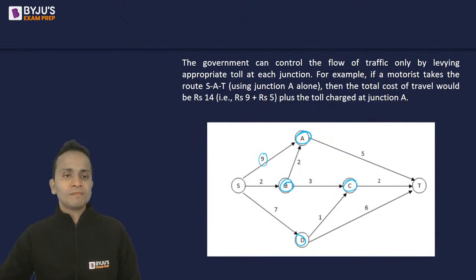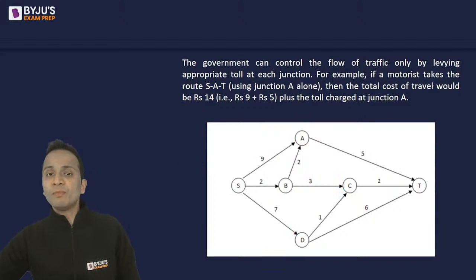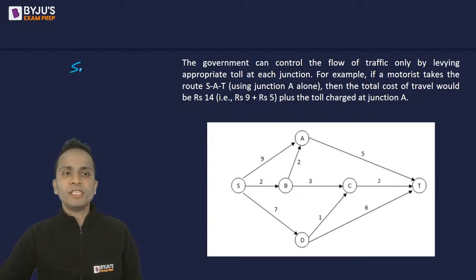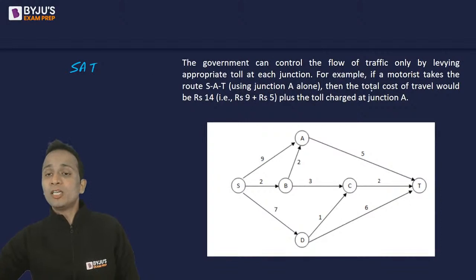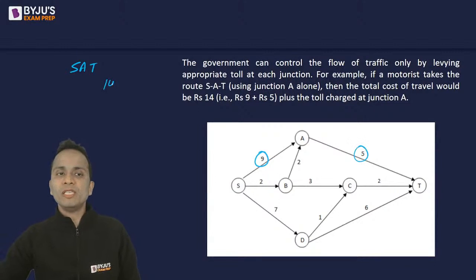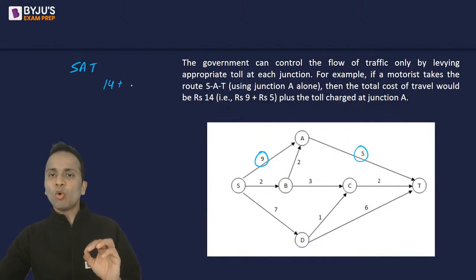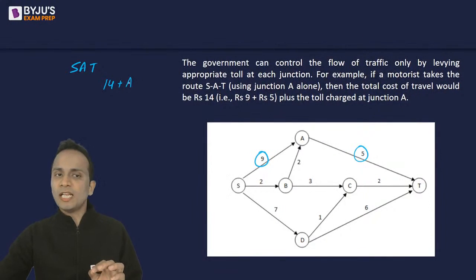For example, if the motorist takes the route SAT, using the junction A alone, then the total cost of travel would be 9 plus 5, that is 14, plus the toll charged at junction A.